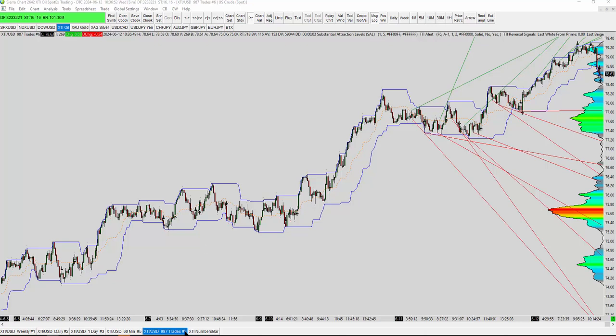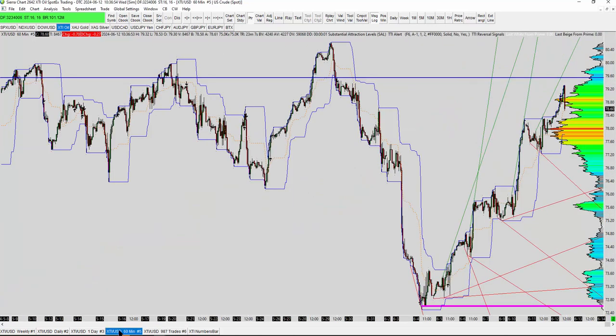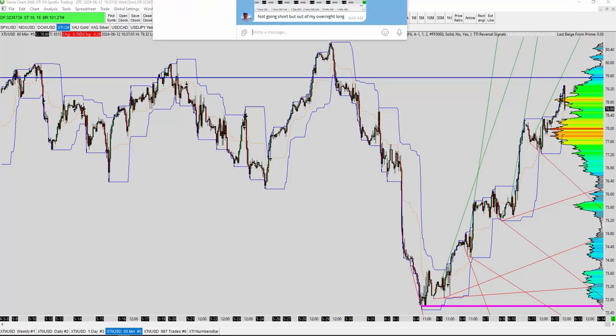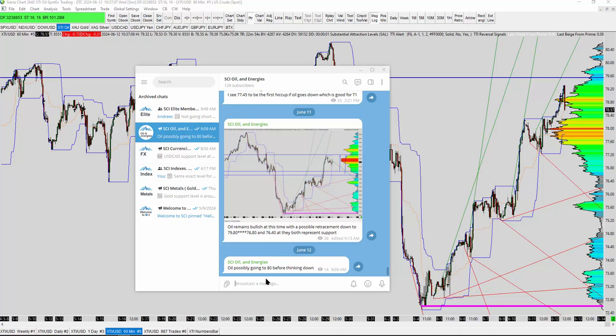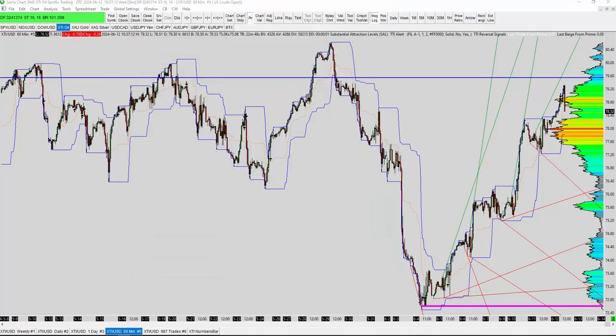Earlier today on oil, I did analysis. I said oil has a chance to go up to this price, and actually I posted to my members, the oil channel members, here oil, I said oil possibly going to 80. So if we see the oil going to 80, what do we look for?